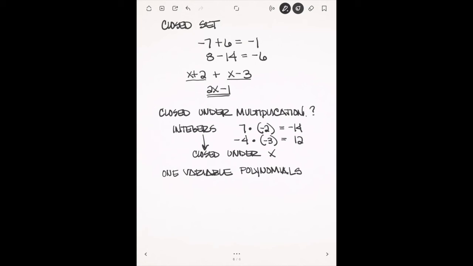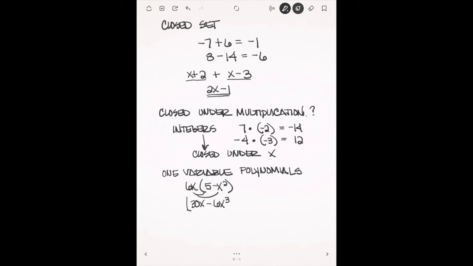Well, what if you had a monomial, 6x, and you multiplied it by a binomial, 5 minus x squared? Notice those are both polynomials because they have whole number exponents. That means 0, 1, 2, 3, 4, 5, and so on. No negative, no fraction. If I multiply those together, I get 30x and negative 6x to the third.